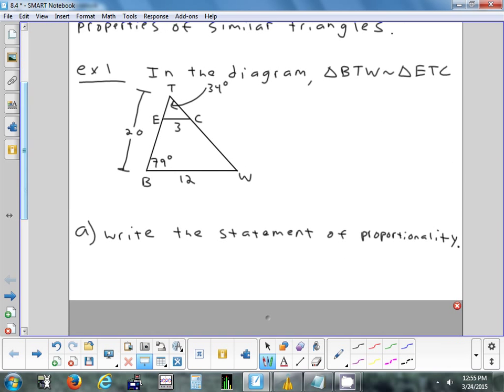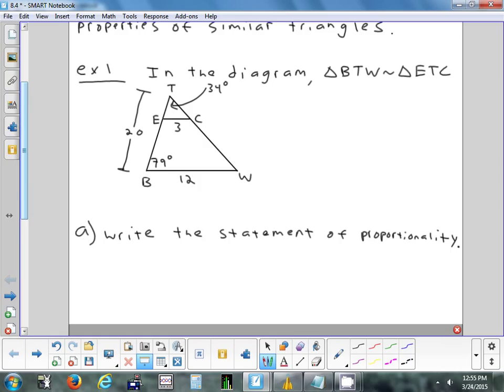So let's start with a statement of proportionality. Remember my hint: if they ask you for a statement of proportionality, that's where you write a giant proportion. For this proportionality statement, how many fractions will there be? 3 fractions. You need a fraction for each pair of corresponding sides.